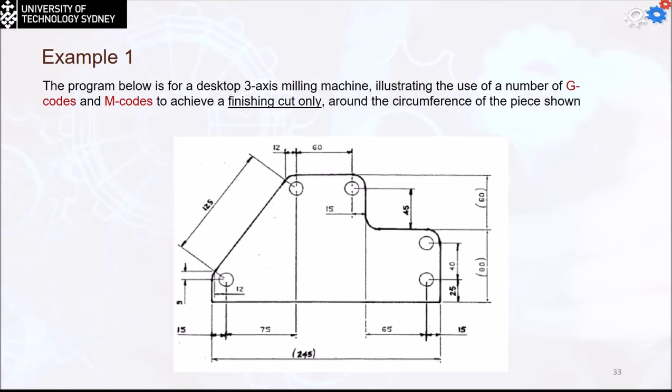So one of the examples, actually I think this was the assignment last year as well. We would like to write a program to do the following cutting on a 3-axis milling machine. This one is about the use of the G code and the M code to achieve the finishing cut only.